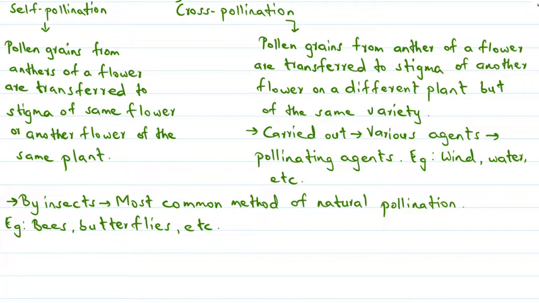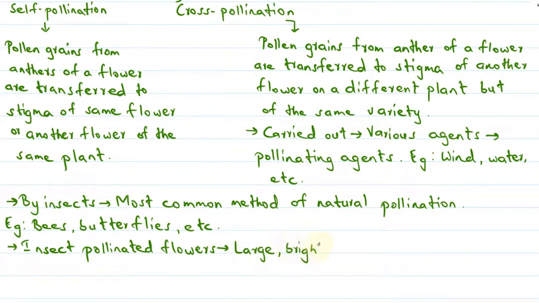Okay, so the flowers that are pollinated by insects, the insect-pollinated flowers, how are they? These flowers are usually large, brightly colored, and often scented.